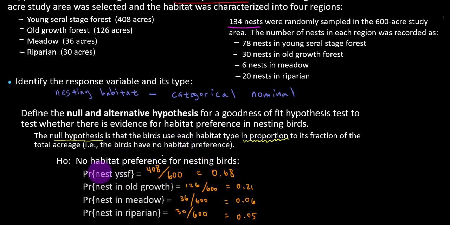So this is saying that if there truly was no habitat preference, we would expect to see 68% of nests in the young seral stage forest and 5% of nests in the riparian zone, etc. So this is the distribution of expected proportions of habitat usage under the null hypothesis that there's no preference.